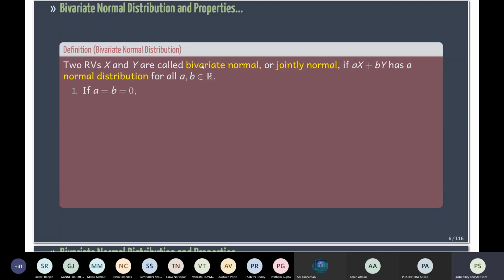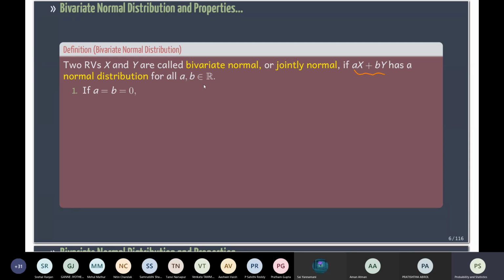In general, it will not be the case. Okay, in general it will not be the case because there are counter examples where we can say that the linear combination may not be normal. But if it happens that aX plus bY behaves like a normal distribution, then we define X and Y to be bivariate normal or jointly normal.